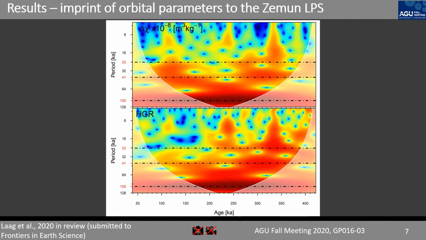For example, the black dashed lines represent the eccentricity, obliquity, and precession. And especially in the precession and in the obliquity, we can see that the hematite-goethite ratio is a little bit more sensitive to these orbital parameters.